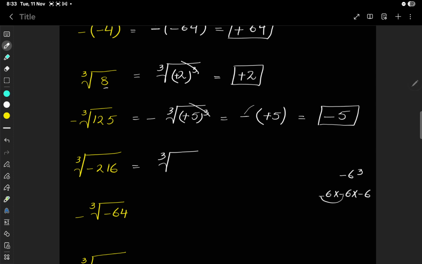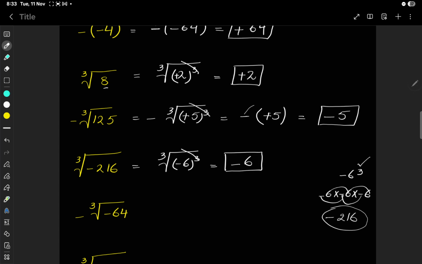Minus minus plus, and plus minus minus. 6 6s are 36 and 36 6s are 216. So yes, minus 216 is the cube of minus 6. So we can write minus 6 cube. The cube root will remove the cube, so the final answer will be minus 6.